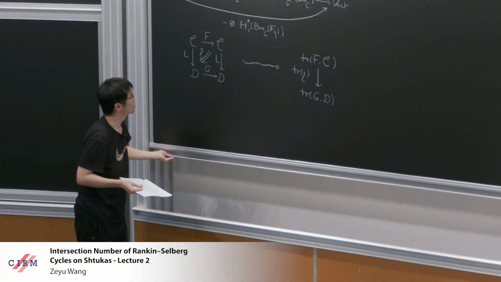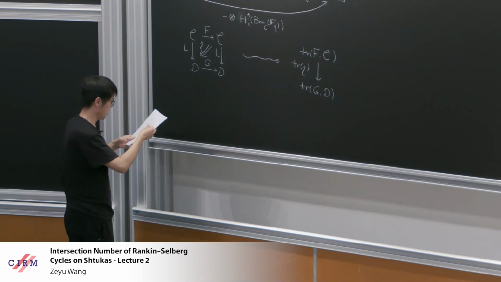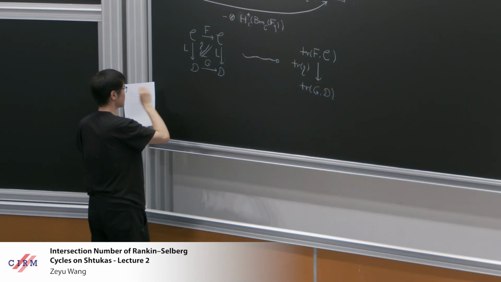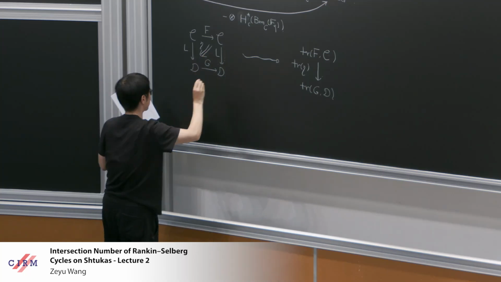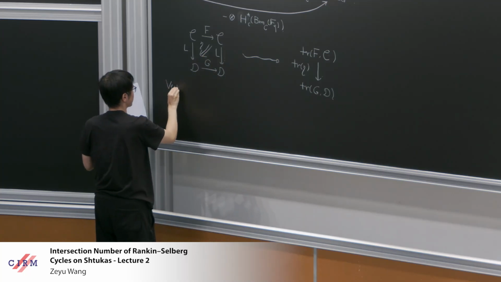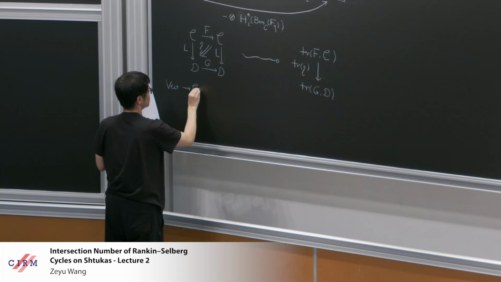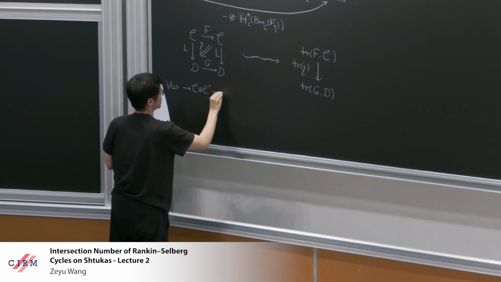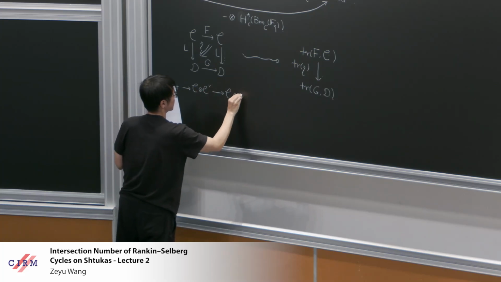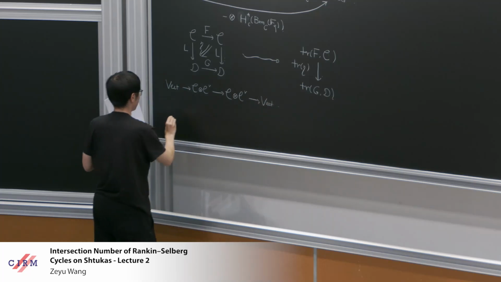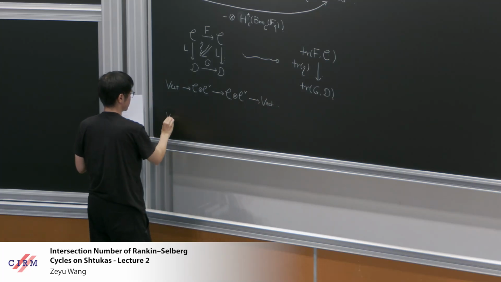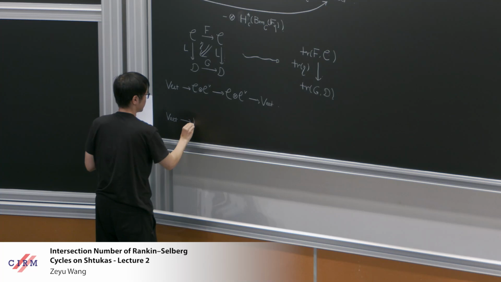Then you can try to see how this can work. Okay, so what is the categorical trace there? It's really this diagram, Vect to C tensor C dual, and to C tensor C dual, and to Vect. Okay, and the second is a similar diagram.